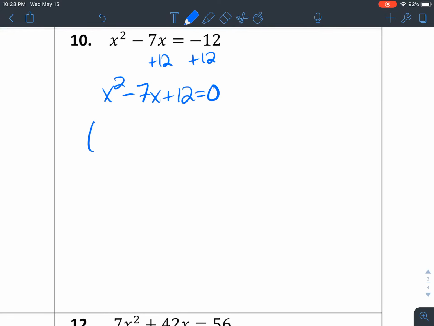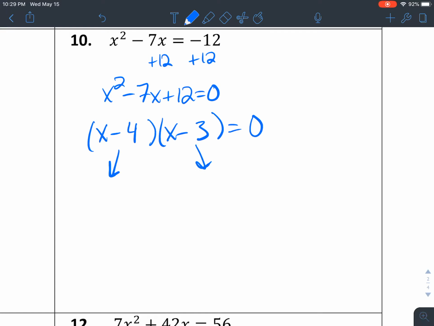We're trying to figure out what two numbers multiply together to be positive 12, but add up to a negative 7. So I know since it's a positive product but a negative sum that they're both going to have to be negatives. And in this case, 4 and 3 multiply to get 12 but add up to 7. So x minus 4 and x minus 3.